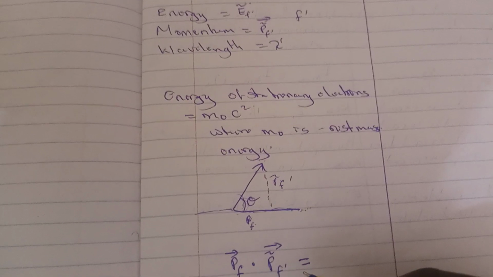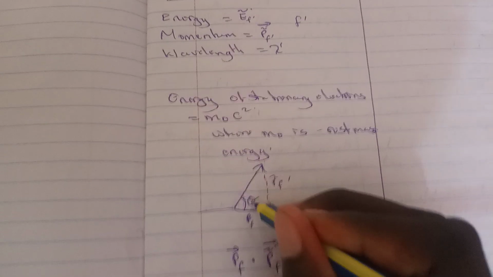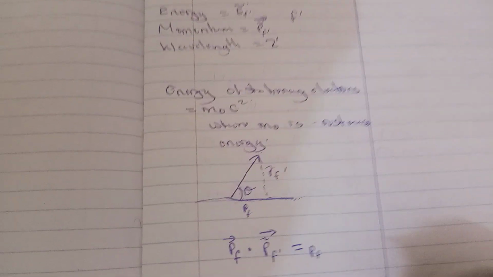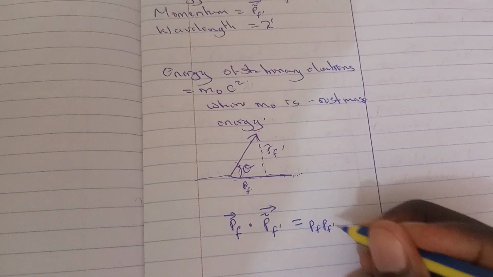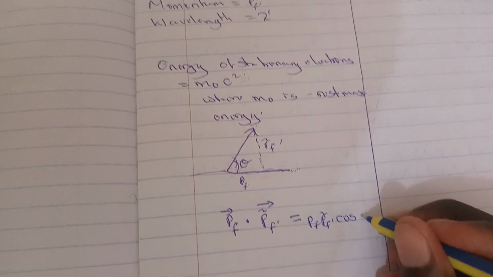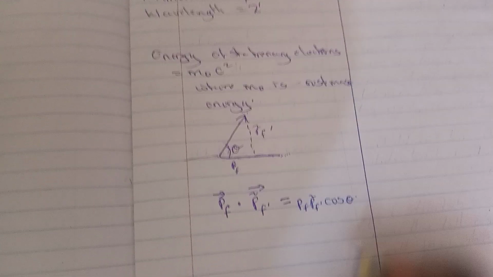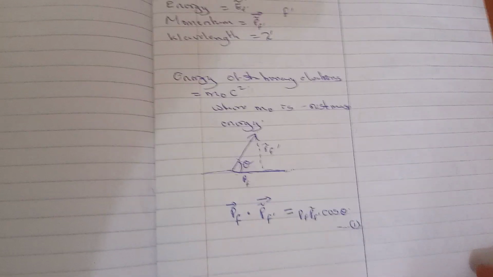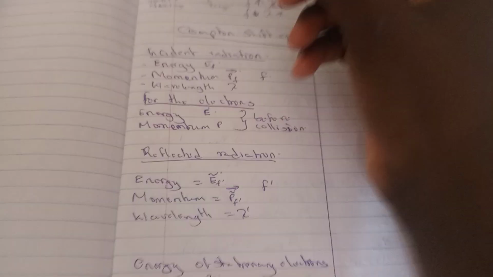Because they are interacting at this angle, we will have P_F P_F prime cos theta. Let's call this one our equation 1. Hope you are together. Now, let's come back here.